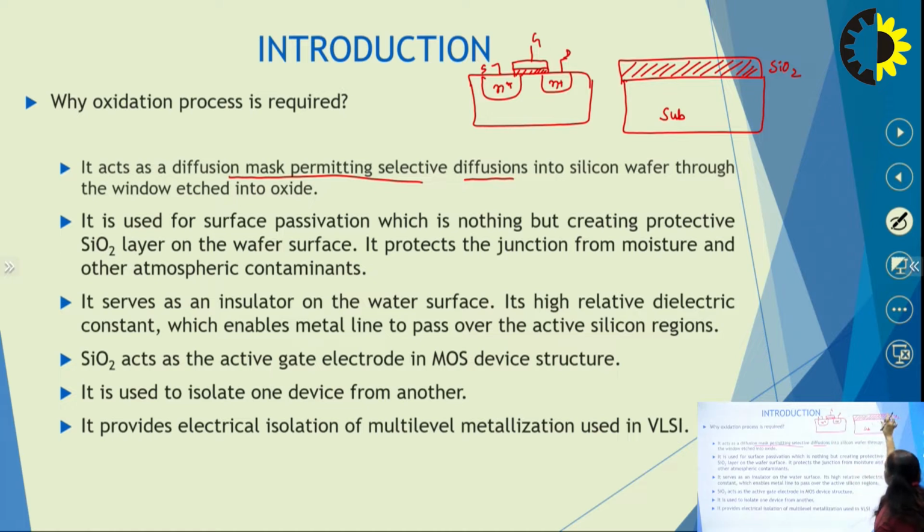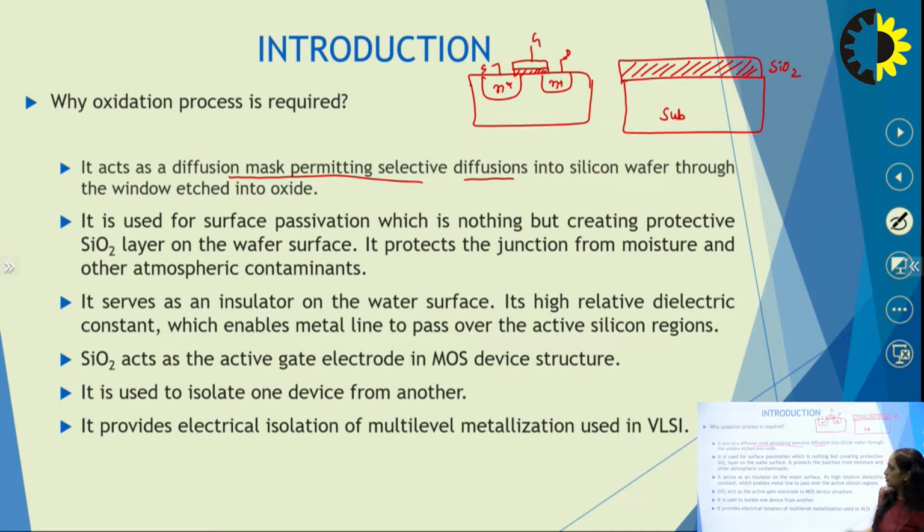This oxide layer will protect the complete wafer, because the doping is done only in the selective area, so the oxide layer will protect the rest of the wafer from this particular type of doping. So this acts as a diffusion mask, so that we create windows and the doping will be done only there.